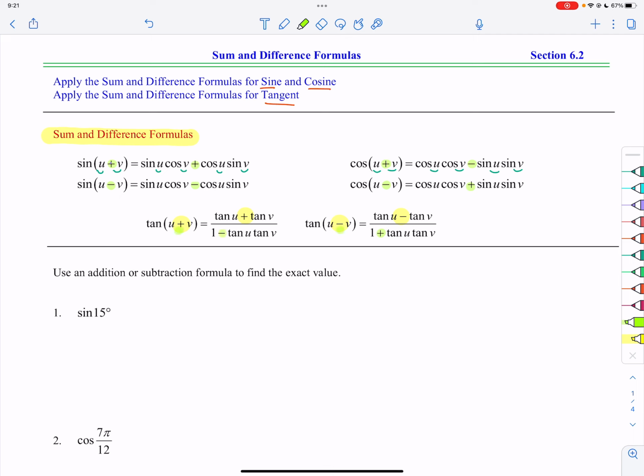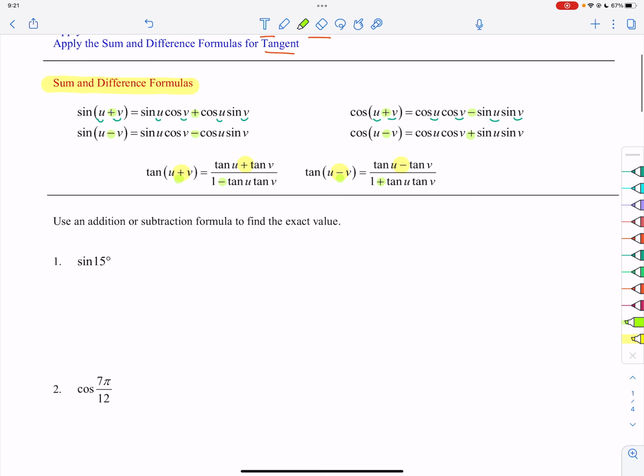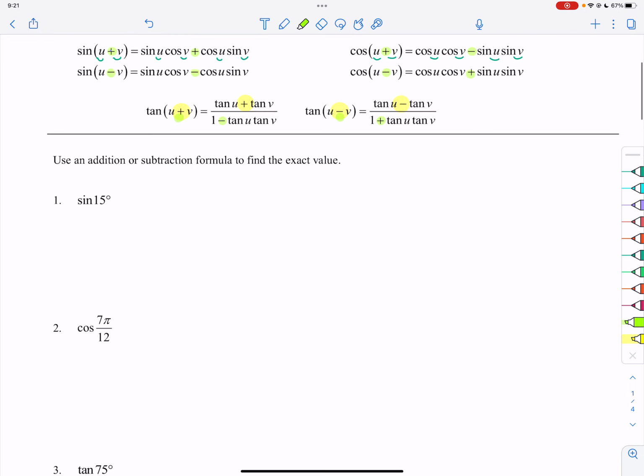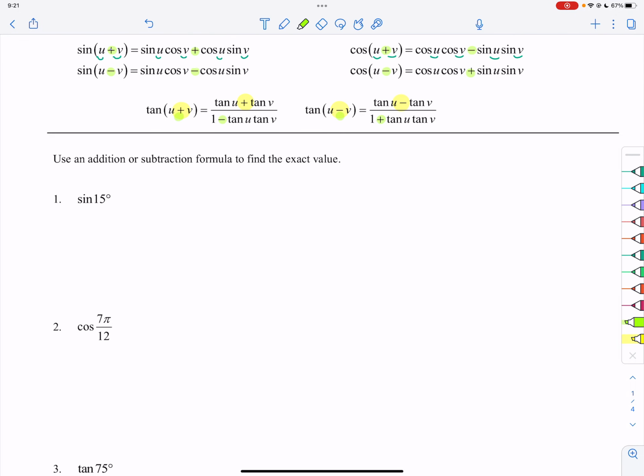Okay, let's use these sum and difference formulas to find the exact value of some of these trig values. So we'll begin, I'll try to keep this up there, the sine of 15 degrees.